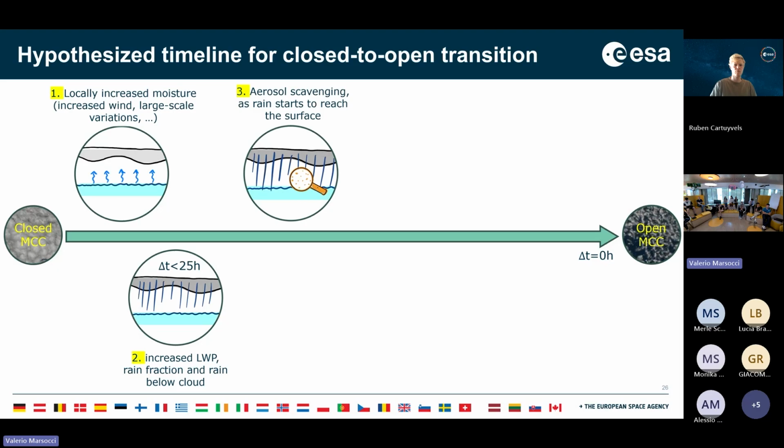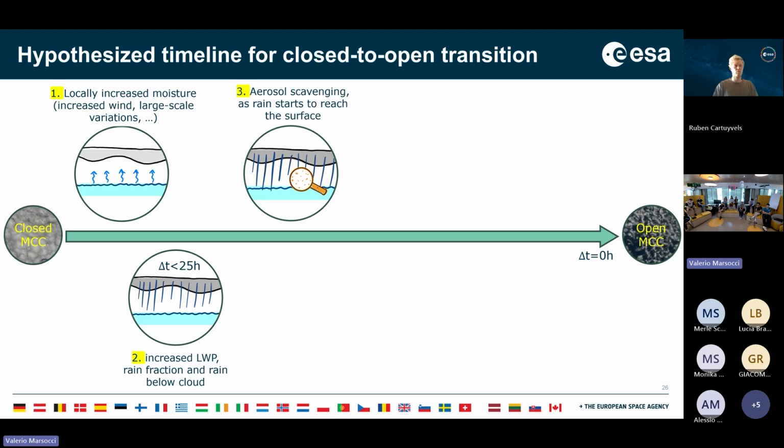When rain starts to reach the ocean surface, there's another thing starting to happen which we cannot measure here directly, but we know that rain scavenges aerosol. So there's aerosol in the air and inside each cloud droplet, and when rain reaches the surface, the aerosol goes into the ocean and is flushed from this system.